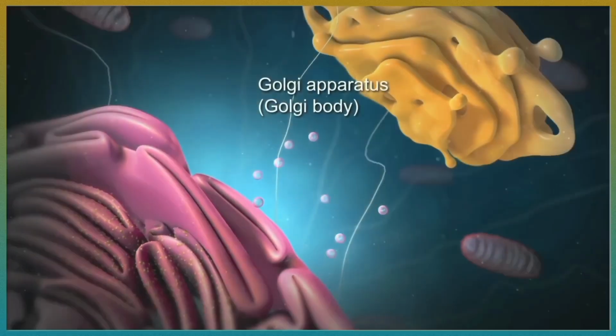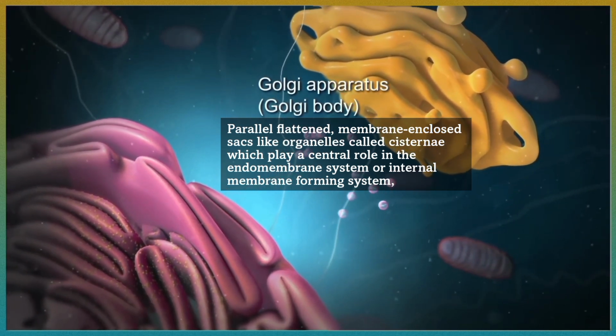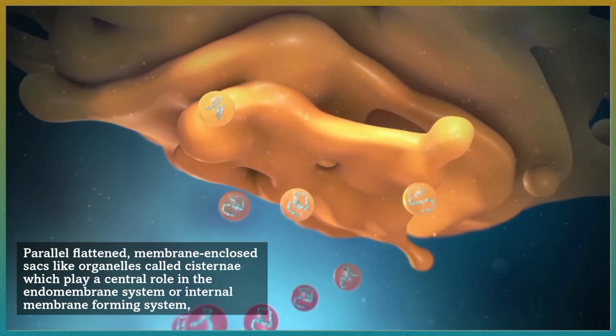The Golgi apparatus, also known as the Golgi complex or Golgi body, consists of parallel flattened, membrane-enclosed sac-like organelles called cisternae, which play a central role in the endomembrane system or internal membrane-forming system, acting as a processing and packaging factory for proteins and lipids.